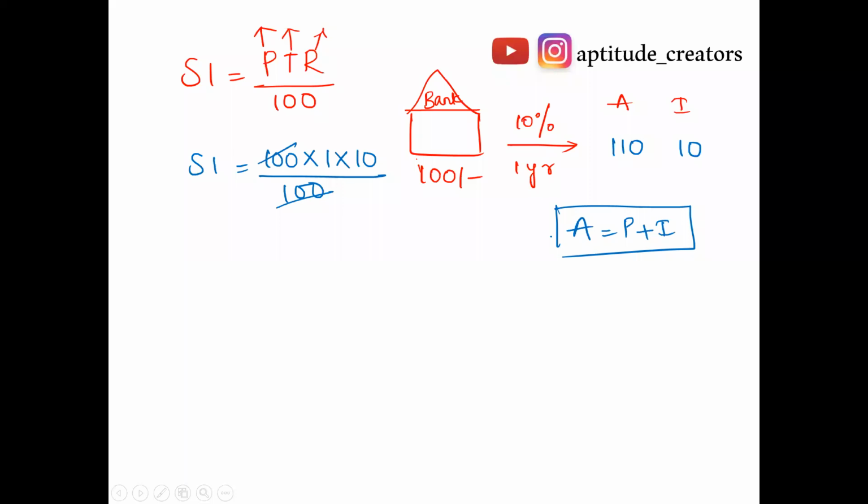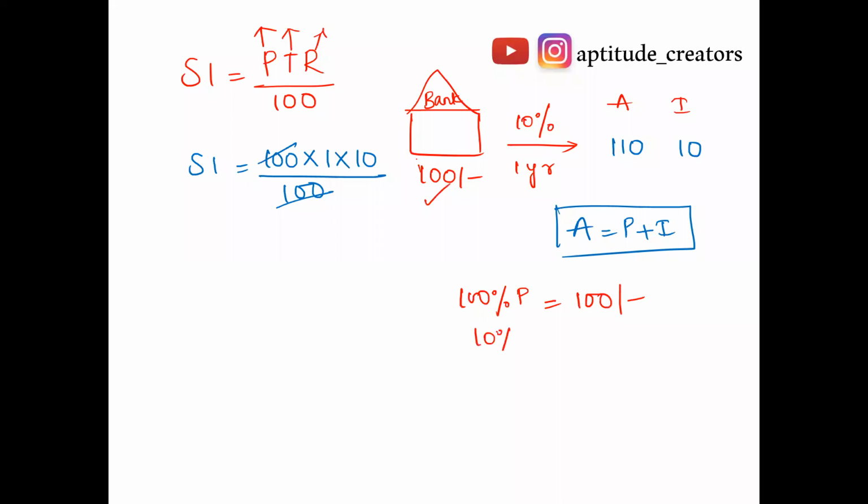Now, what is the shortcut trick behind this? Always, we will consider the principal as 100%. If 100% of the principal is equal to 100 rupees, what is the principal here? It is given as 100 rupees.